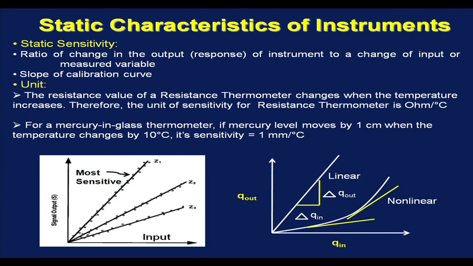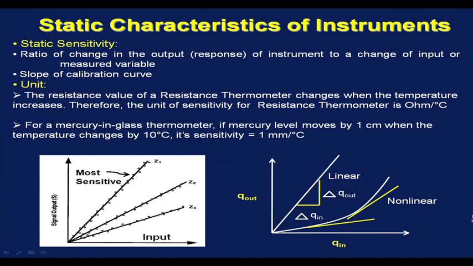So, this can be defined as delta output divided by delta input, where delta output is change in output and delta input is change in input. It is easy to recognize that this is nothing but the slope of the calibration curve.